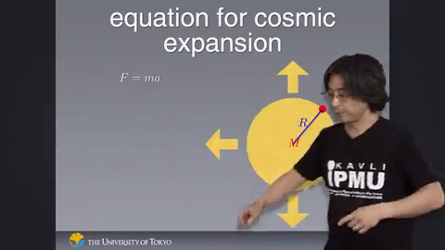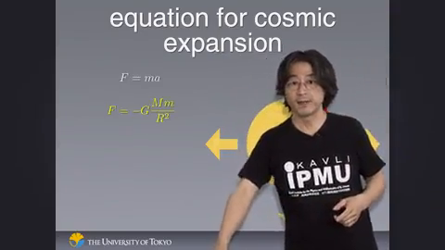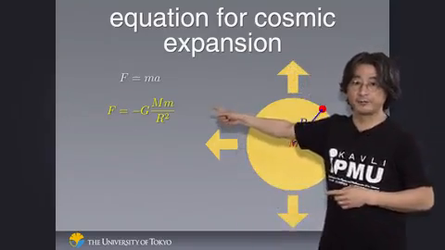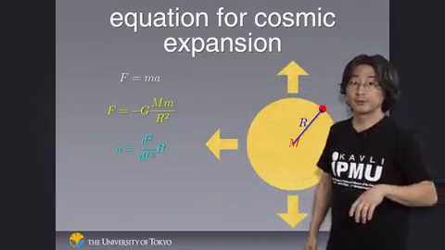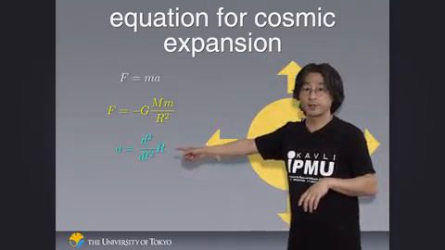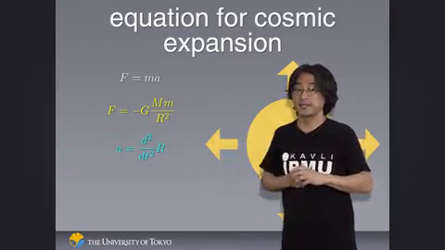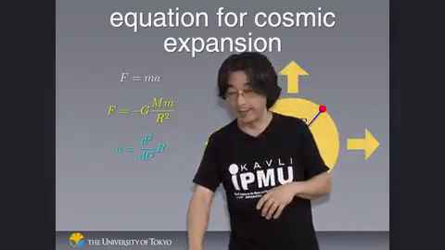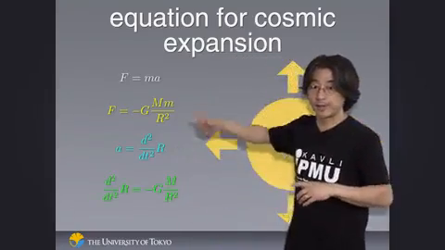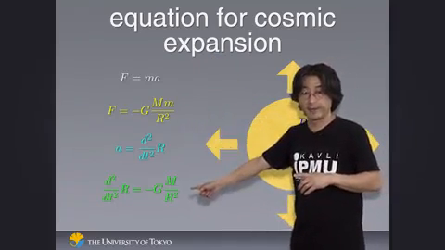F equals ma, Newton's equation. And this is the universal gravitation, where F is given by the size of the object. You put that together, and acceleration, if you know some calculus, is the second derivative of the position with respect to time. Just by looking at these three equations together, you find the last one.